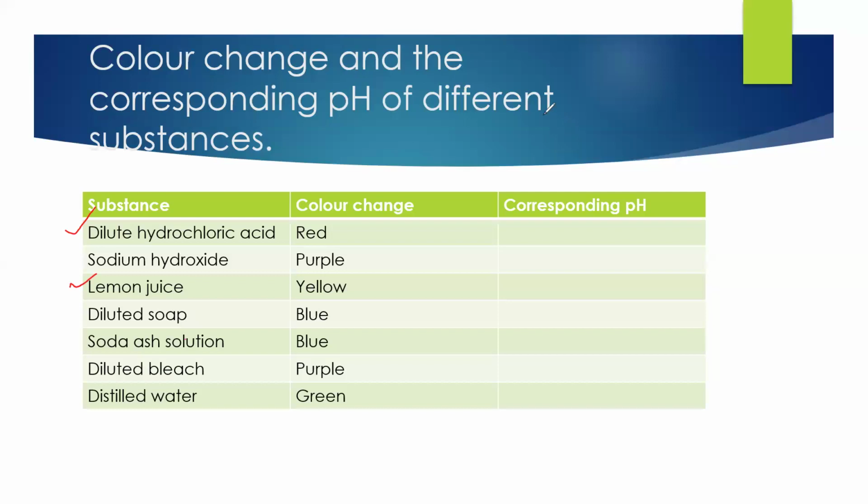Diluted bleach, good. Diluted soap, good. Sodium hydroxide. And then soda ash solution. Then this distilled water is what? It is neutral. That's why it has a pH of 7. So we need to take note of those things by now.